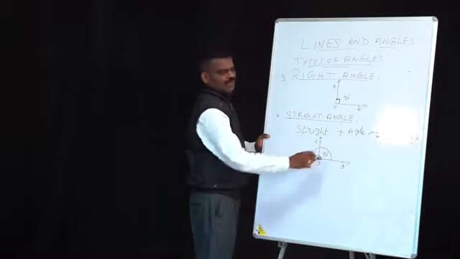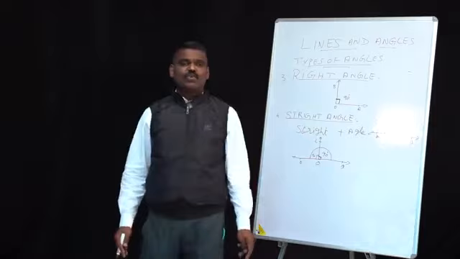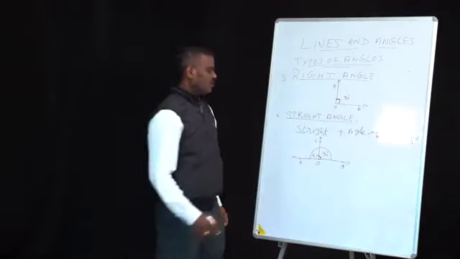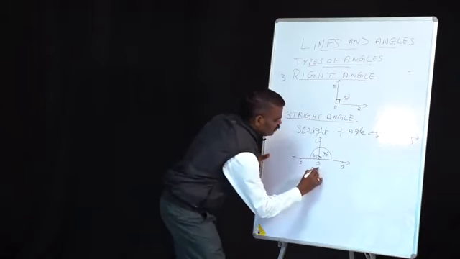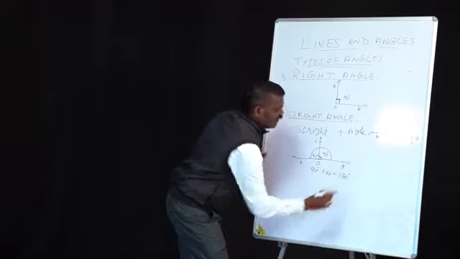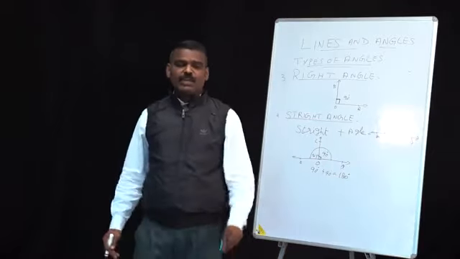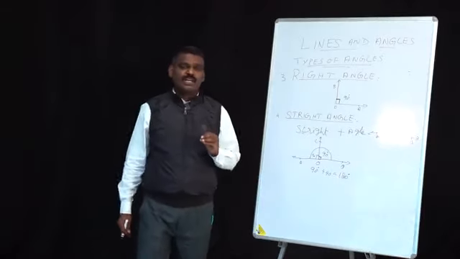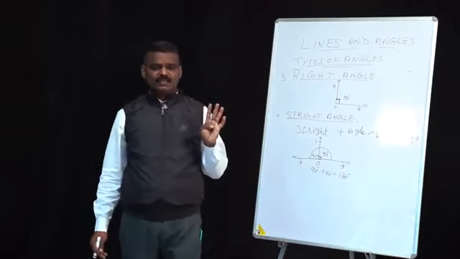Angle AOB has how many 90 degree angles? There are 2, right? So, 90 plus 90 how much? 180 degree. So, what is the magnitude of a straight angle? 180 degree. Clear?